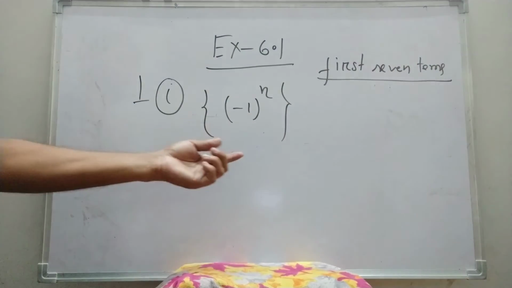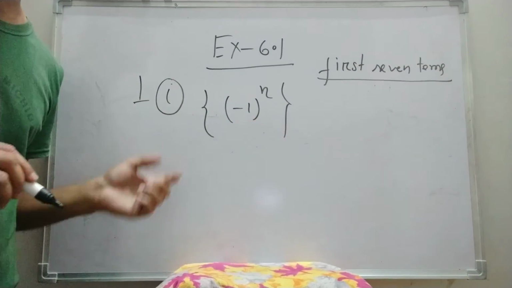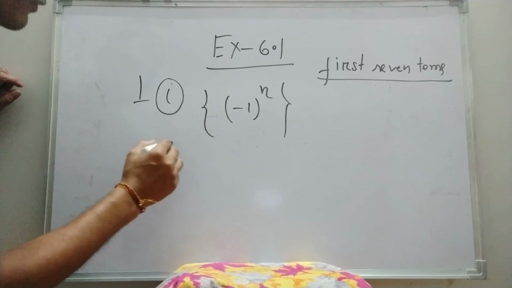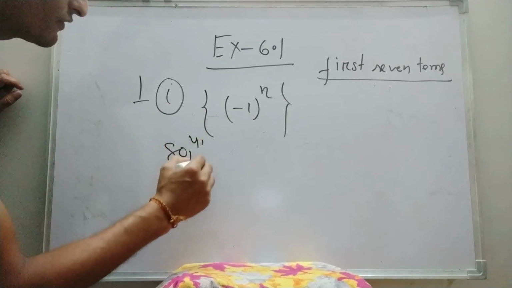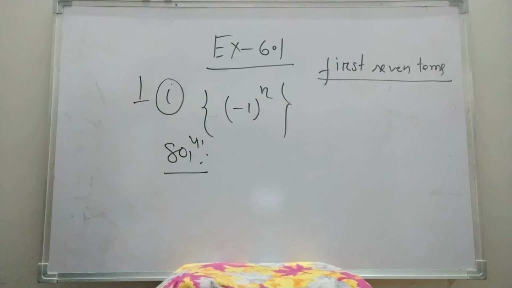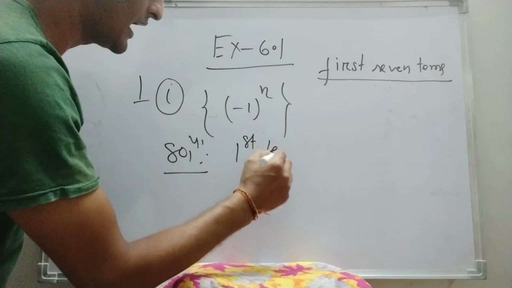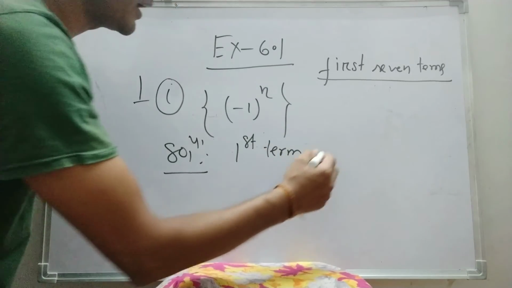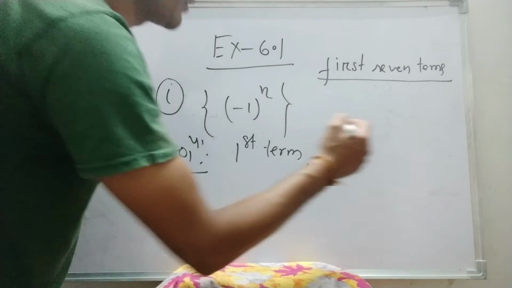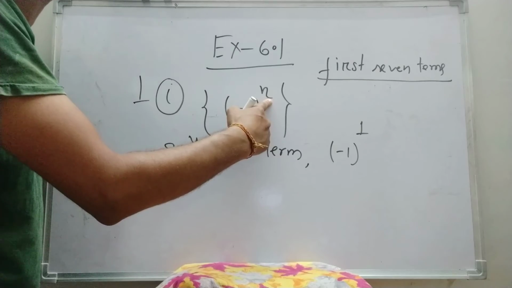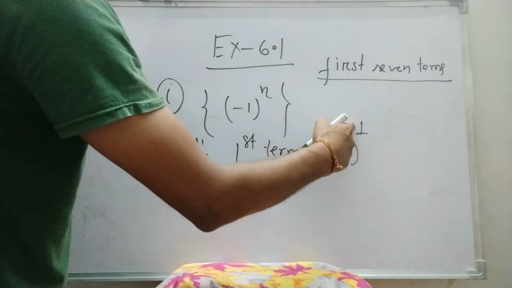So students, in the generalized form, the sequence is written here. How will we find the first 7 terms of this sequence? The first term will be -1 to the power 1, because n means the number of the term, and for the first term it is 1.